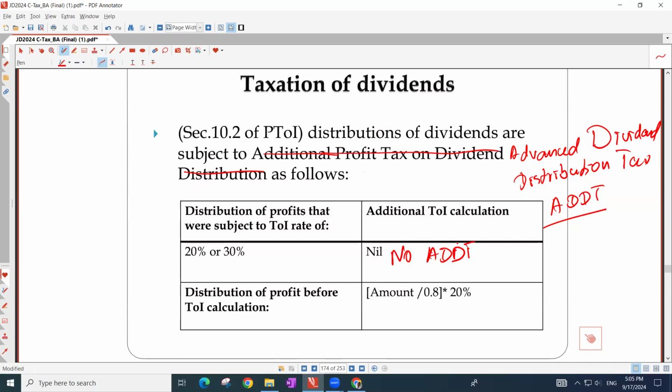If you distribute dividends out of the profit that you already paid tax on income, 20% or 30%, then no ADDT. But if you distribute the profit before the tax on income payment, you are required to pay ADDT. This is the formula.